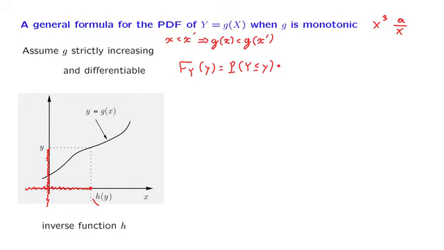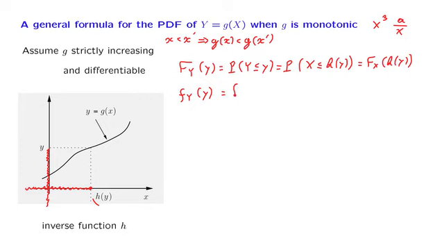So we can rewrite the event of interest in terms of the random variable x and write it as follows. We need to have x less than or equal to h of little y. But this is just the CDF of x evaluated at h of y. We now carry out the second step of our program. We take derivatives of both sides and we find that the PDF of y is equal to the derivative of the right hand side.